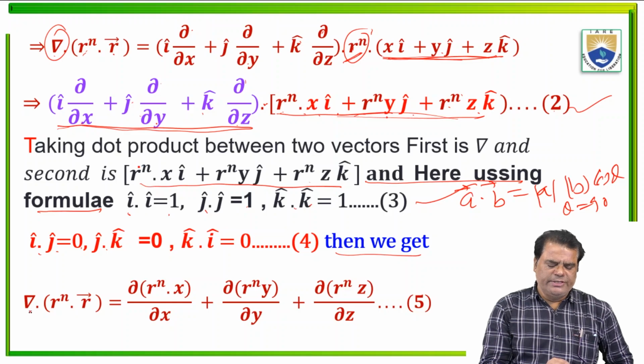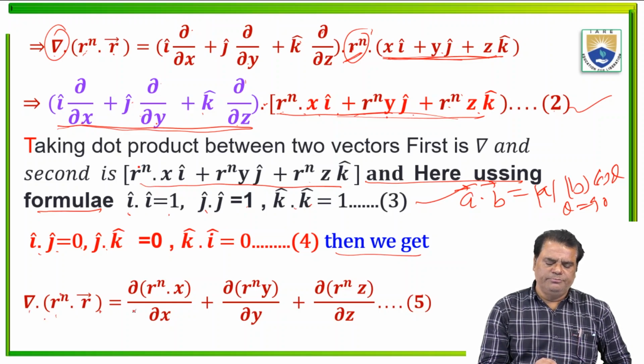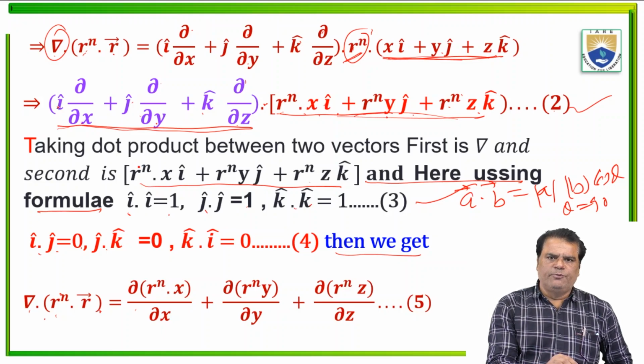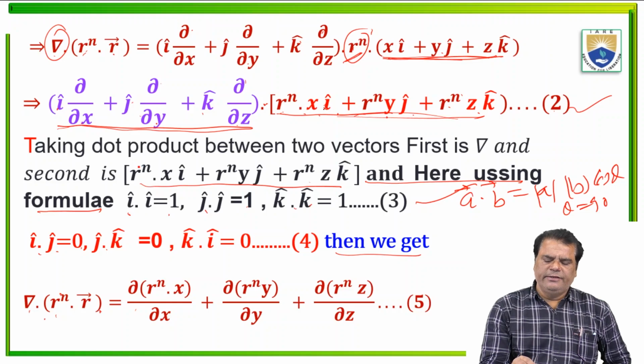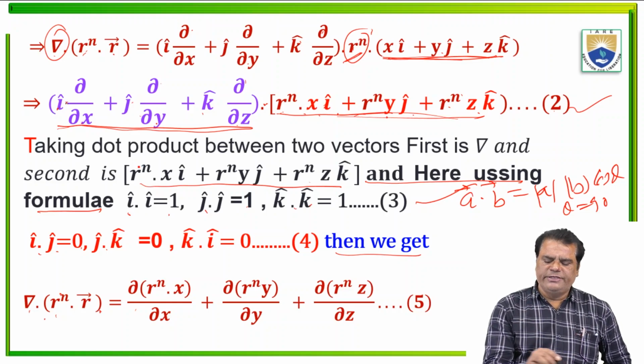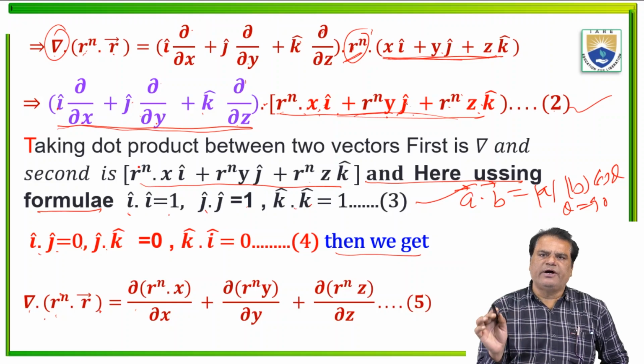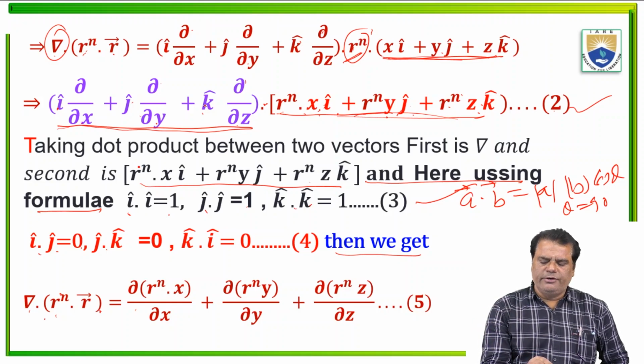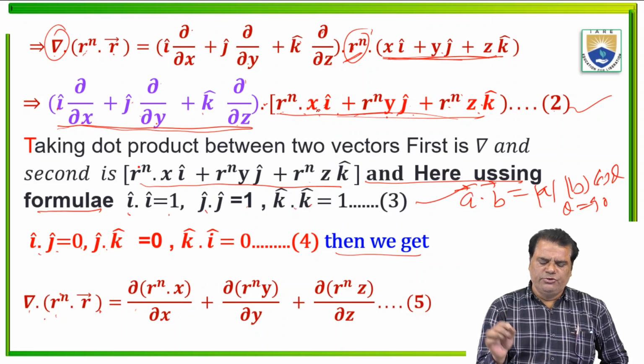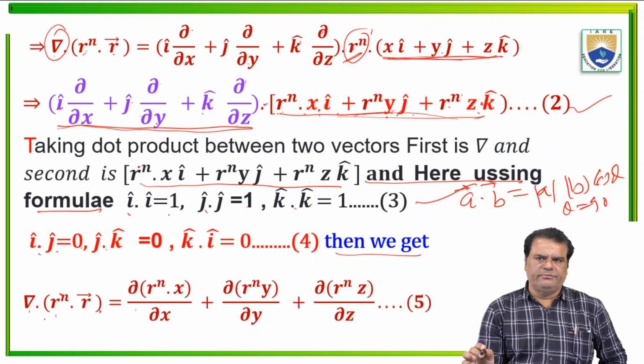Then we get del dot del r to the power n vector r equal to, here, i dot i. The dot product of i dot i is 1, but i dot j is 0, i dot k is 0. Similarly, j dot i is 0, j dot j is 1, and k dot i is 0, k dot j is 0 and k dot k is 1.